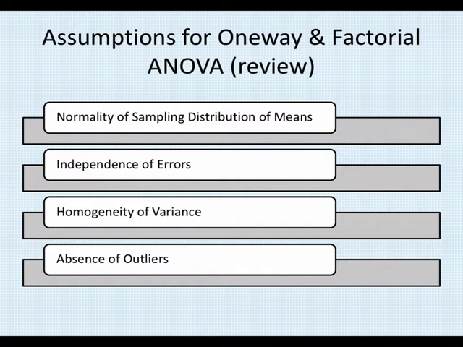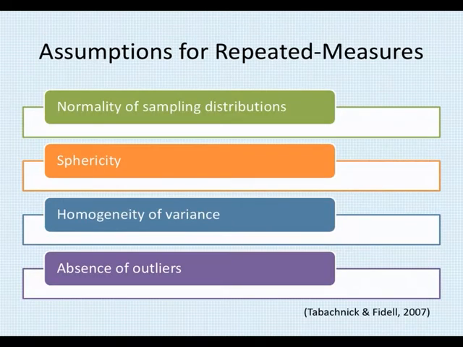So these are the 4 that we did previously for the first 2 units. And so for repeated measure, we have a similar 4, but we replace independence of error with sphericity. So I'll talk more about what sphericity is, but first I'll talk about some slight differences between normality, homogeneity of variance, and absence of outliers.